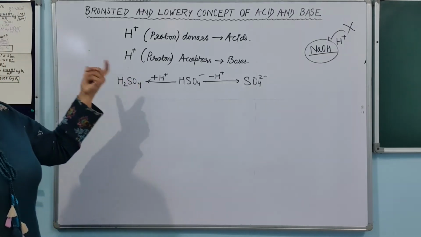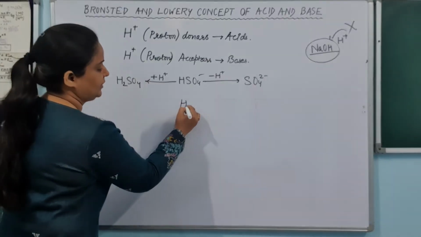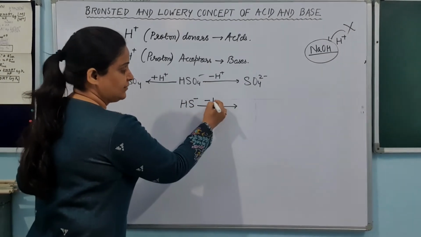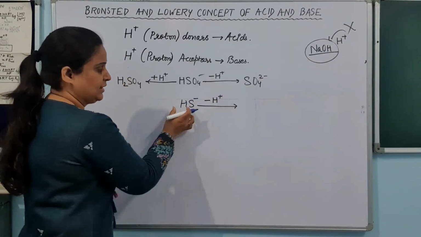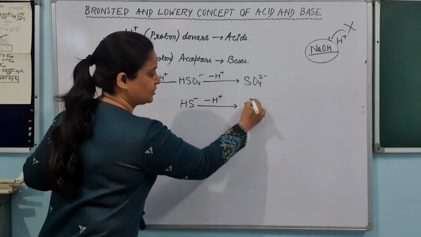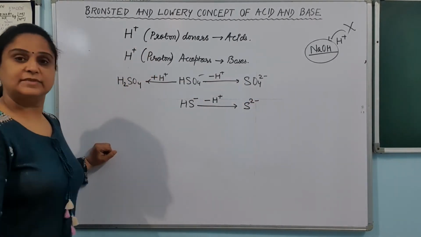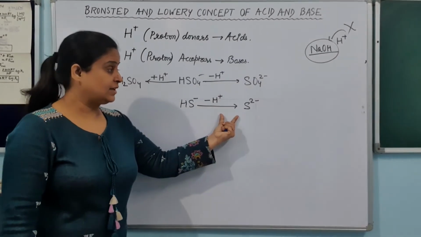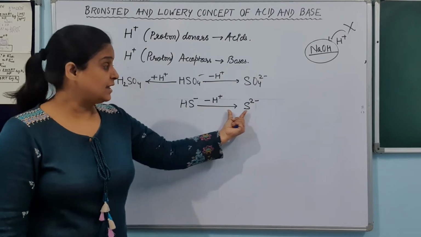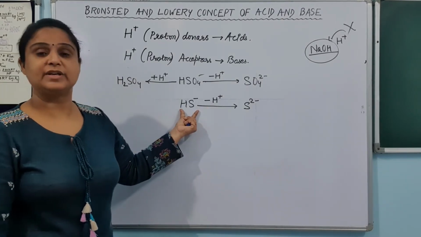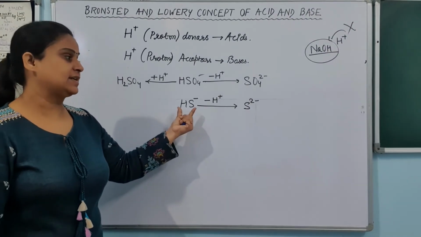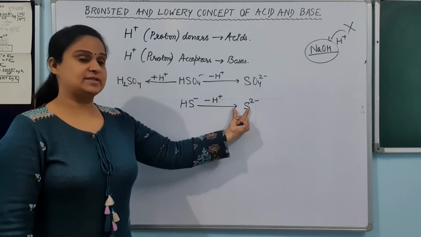ठीक है? एक और example लेते हैं. HS minus. Can it lose the proton? Yes, if it loses one proton, H plus निकाल दीजिए, one more charge will appear on the sulfur, so it will convert into S2 minus. ठीक है, तो जब ये lose करेगा तो it will convert into S2 minus, and when it is donating its H plus ion, it is working as an acid.